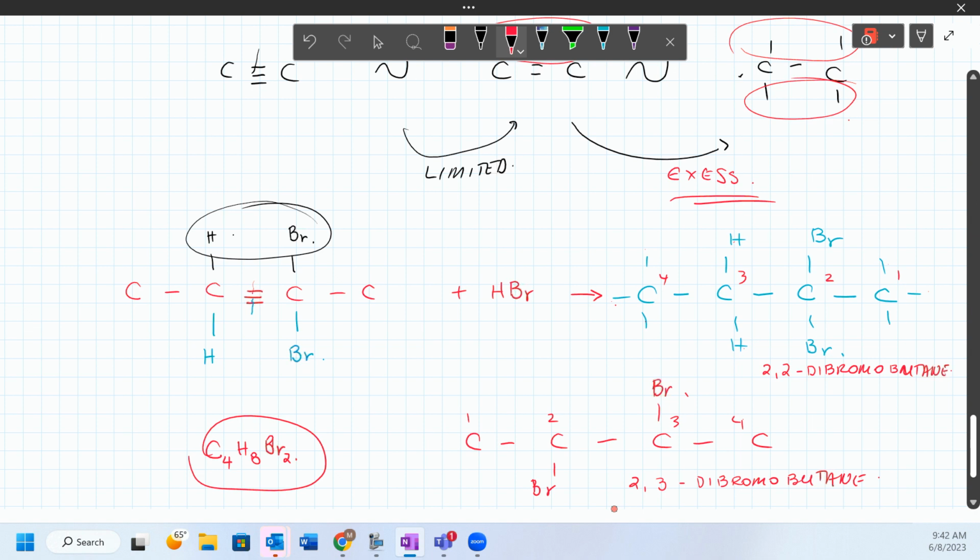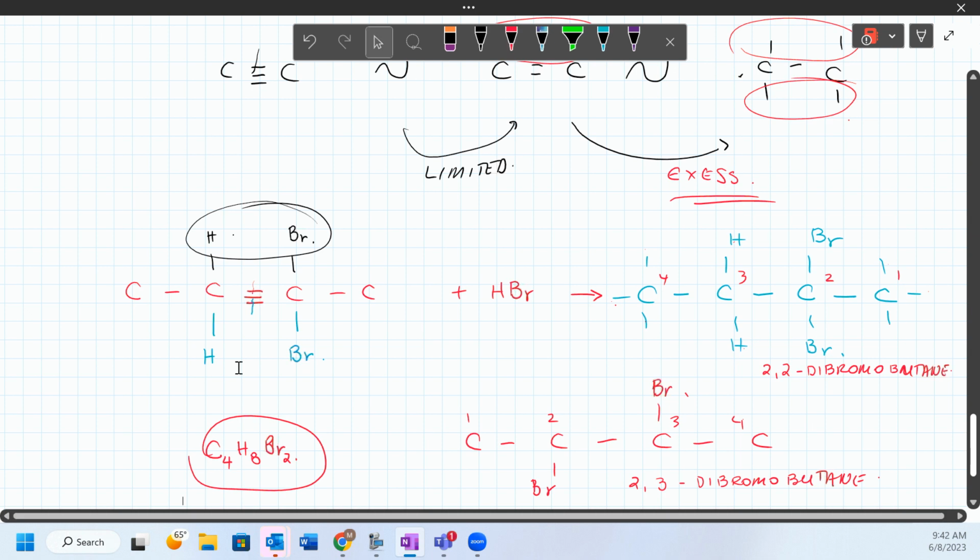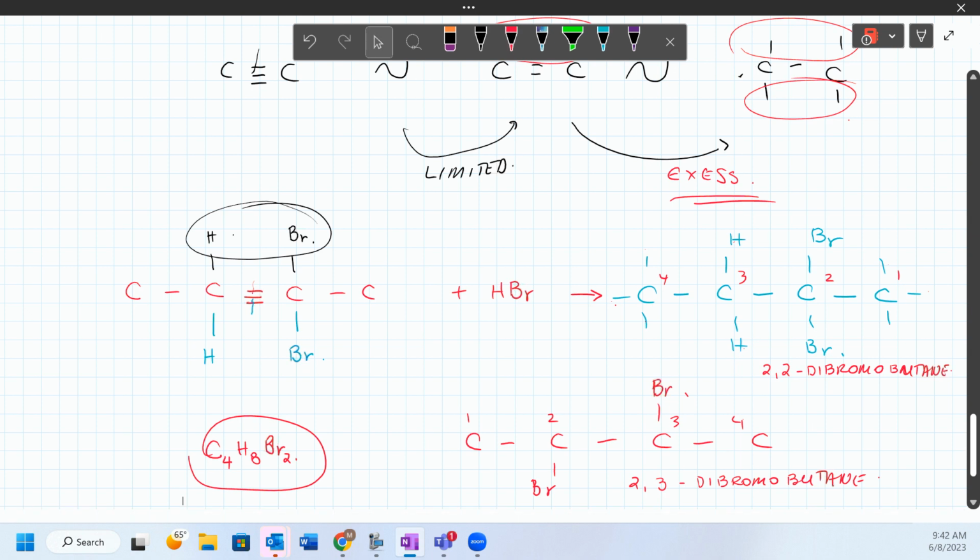Okay, so pay attention to the naming, because it is important for you to know that you are dealing with a possibility for the halide to be placed in different places where the free bonding capacity of the carbon is becoming available.